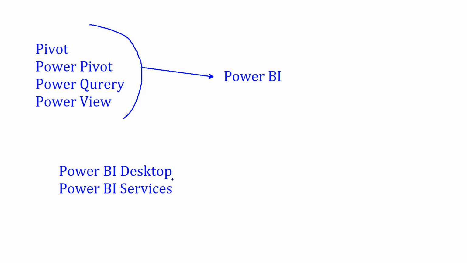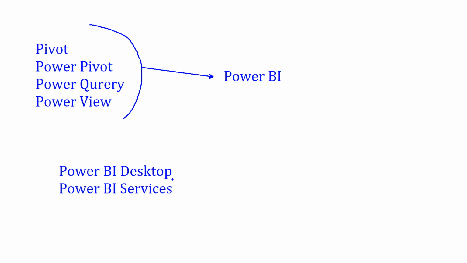Service is an online version. I don't know whether you know it, nowadays every software has 2 versions, online and offline, even Excel. You can open offline Excel, and online Excel is also available. You can go to Office365.com and use online Excel. Online PowerPoint is also available. Like this, Power BI is available in 2 versions: Power BI Desktop and Power BI Service.